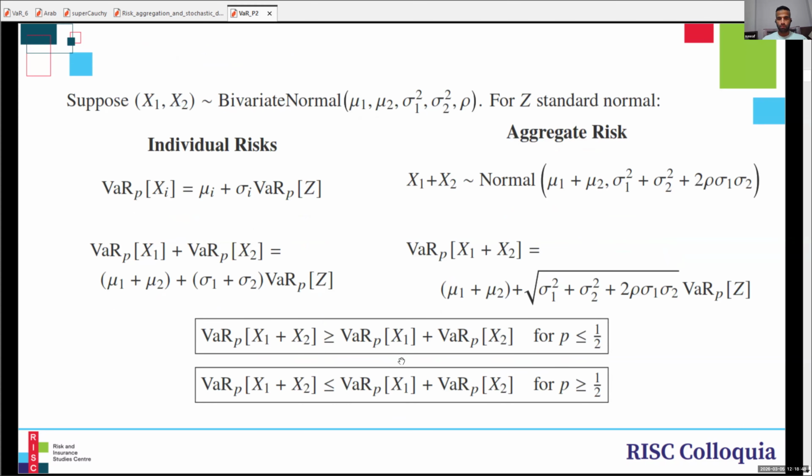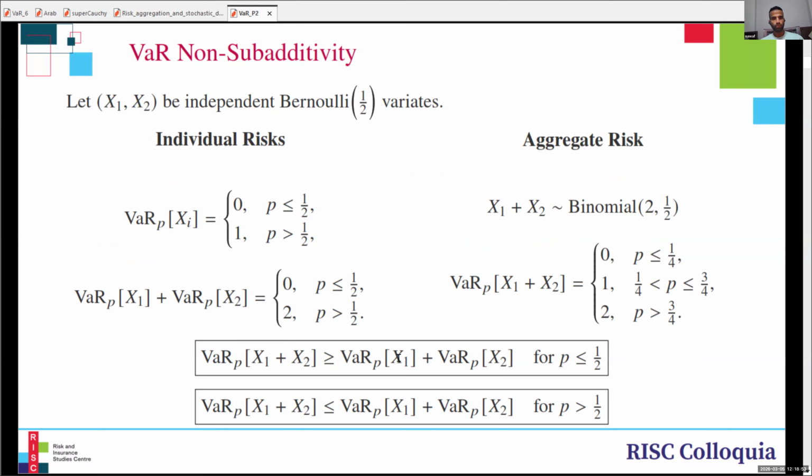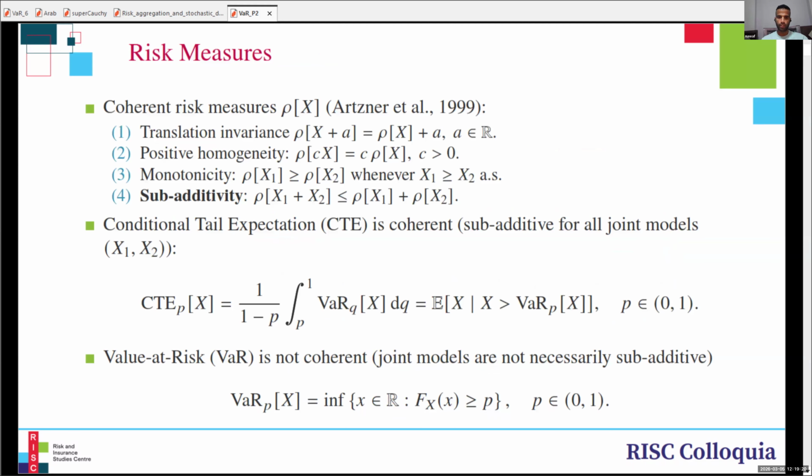So you can see that VaR for this particular model, which is independent Bernoullis, behaves in a mixed way. It starts as superadditive, the VaR of the sum exceeding the sum of the VaRs, and then it switches to subadditivity when p goes above 50%. And this is just an example of the non-coherence of the value at risk.